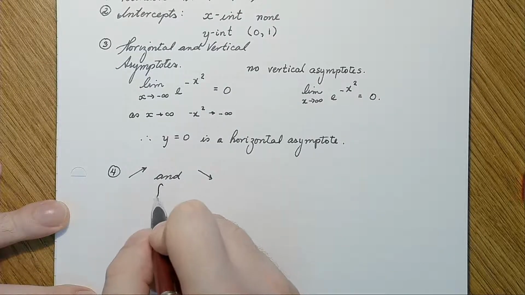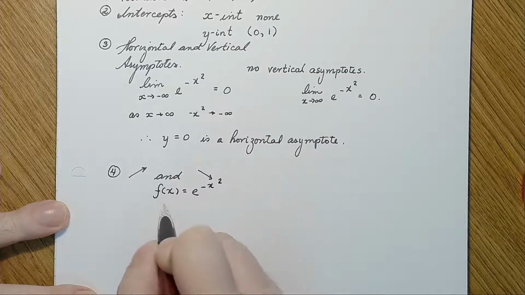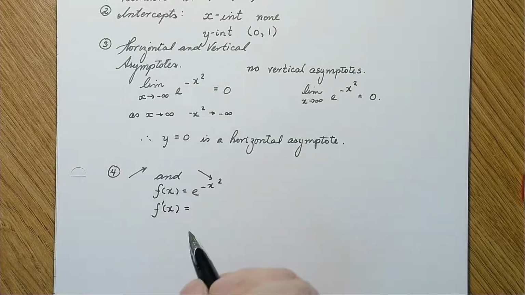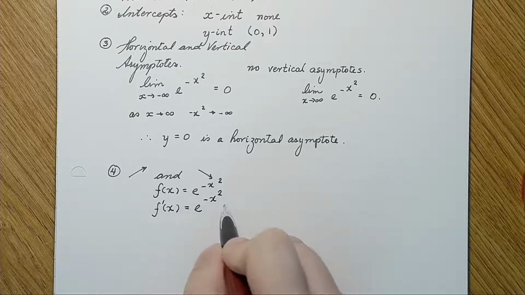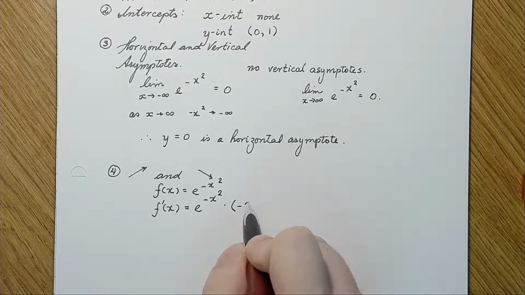So I'll just rewrite this again. It's the derivative of the outside, so again I just rewrite it, times the derivative of the inside, which is minus 2x.